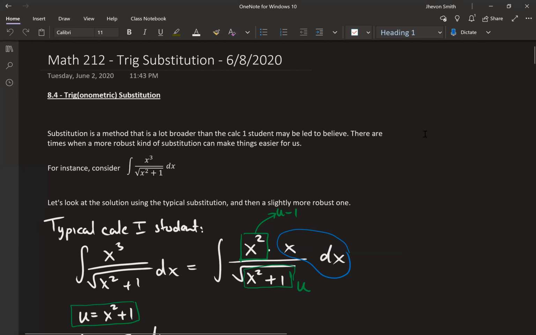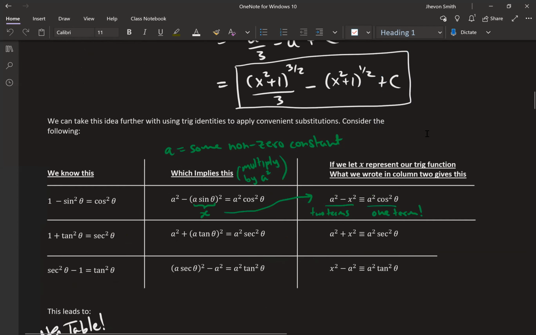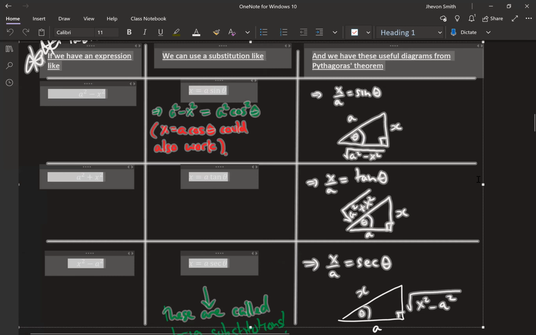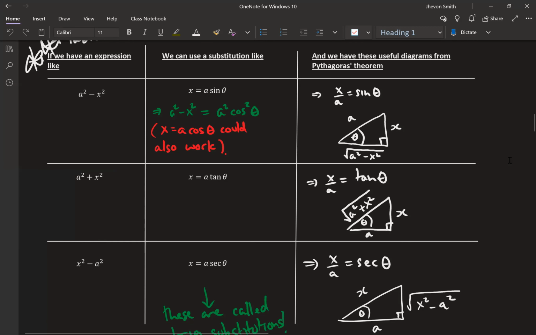So the important thing for trig substitution, I'm not going to go over it in too much detail, but just a small recap. The important thing is this table right here. Essentially, whenever we see expressions like these, a squared minus x squared, a squared plus x squared, or x squared minus a squared, it turns out that these trigonometric substitutions are usually convenient.